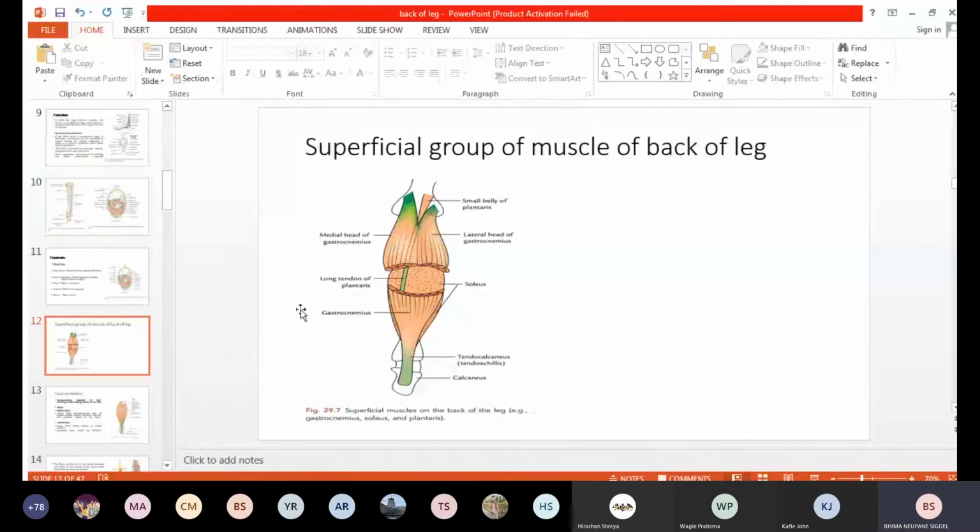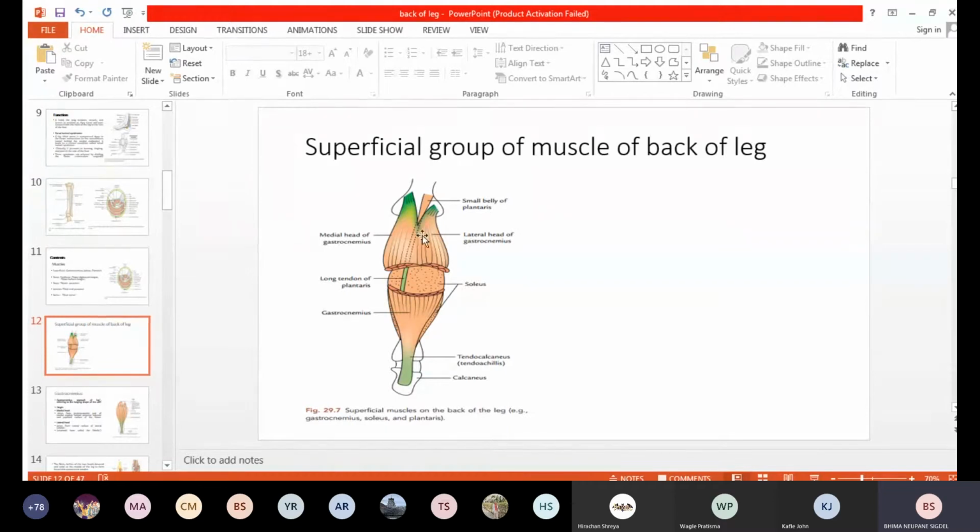Here you can see the two heads of the gastrocnemius. Gastrocnemius is the bulkiest muscle, with the two heads, the medial head of gastrocnemius and the lateral head of the gastrocnemius. You have already got an idea while studying the popliteal fossa, that they form the lower boundary, the medial head and the lateral head of the gastrocnemius.